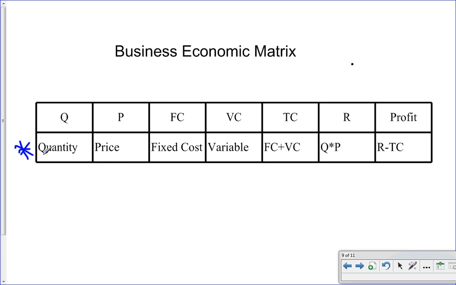I want you to think of that when you see this matrix. So you have your quantity, your price, your fixed cost, your variable cost, your total cost, your revenue, and your profit. Now this is about as basic as an economic matrix gets. Depending on how far we get in your studies of economics, we might have 30 different concepts in this matrix. But for now, in our discussion of energy, this is all we really need to have a discussion.